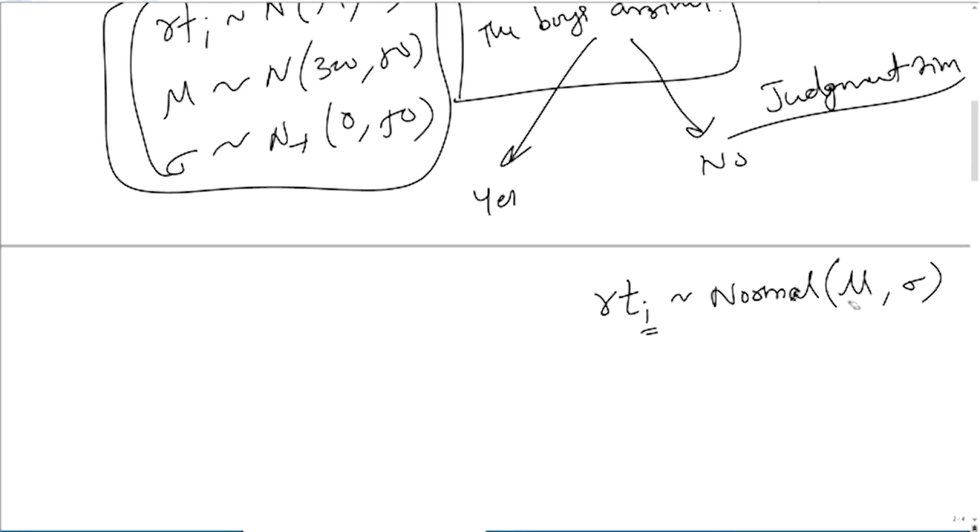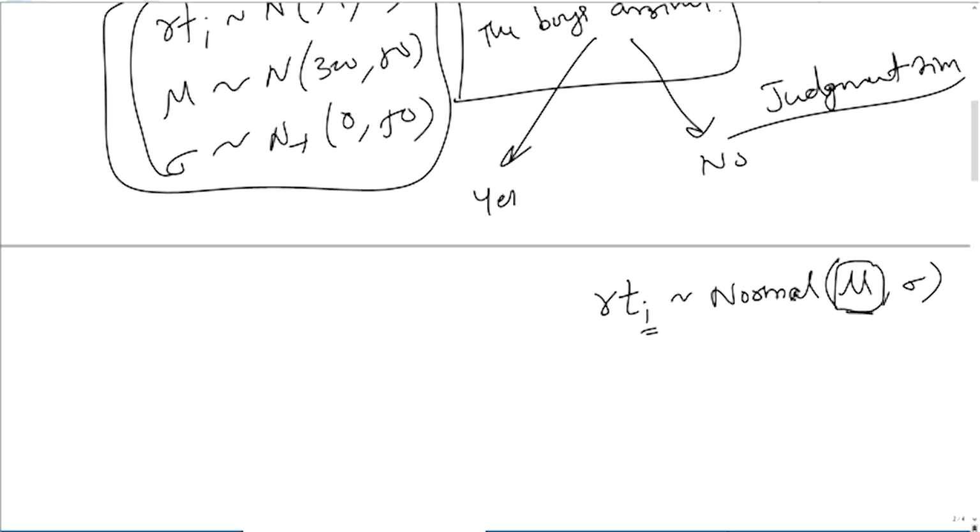What this model is currently assuming is that there is, of course, some randomness across these trials, because they are coming from a Gaussian process, but the average reaction time remains constant across all trials. So this parameter mu, which is indicating average reaction time or average judgment time, remains constant across trials.